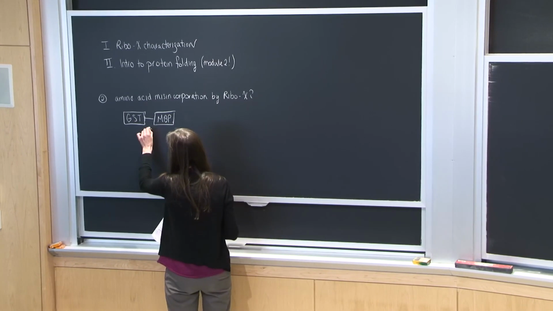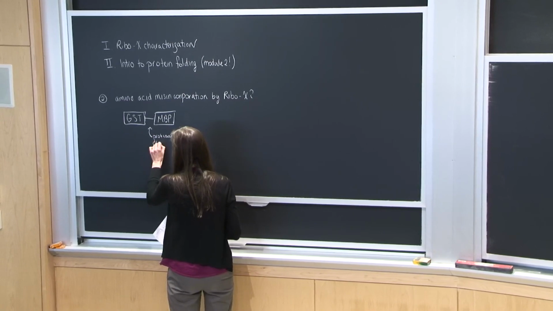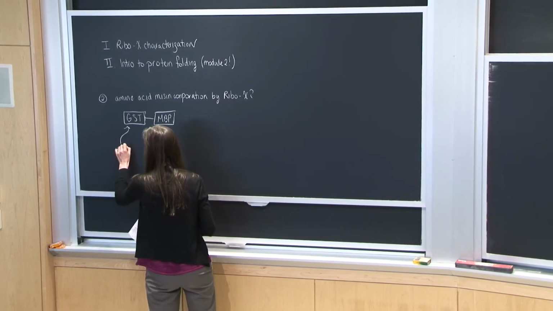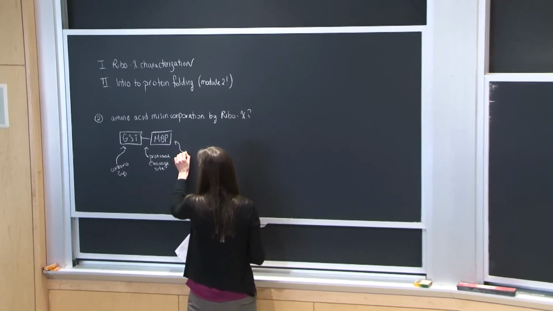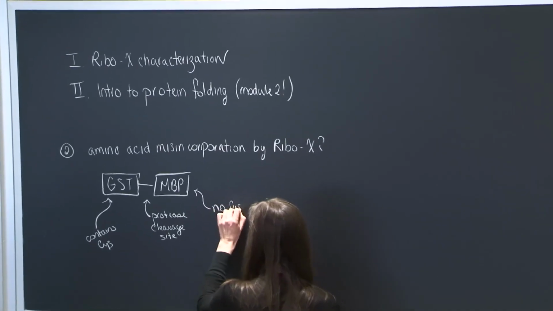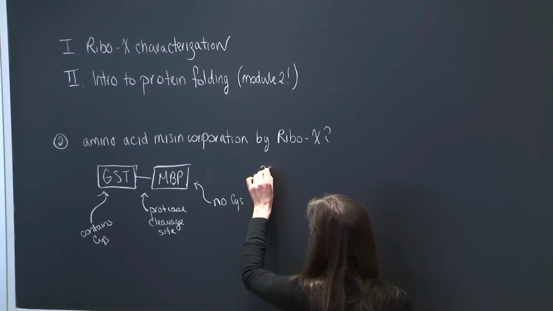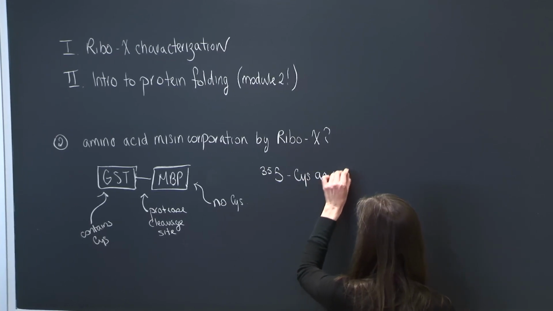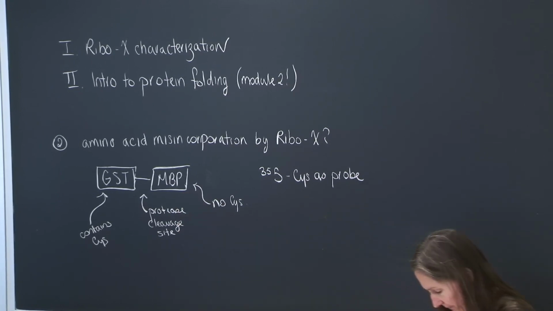Recall that this protein had a protease cleavage site, and that the GST portion contained cysteine, and MBP does not contain cysteine. So the idea was to use radio-labeled cysteine as a probe for misincorporation of cysteine into maltose binding protein.